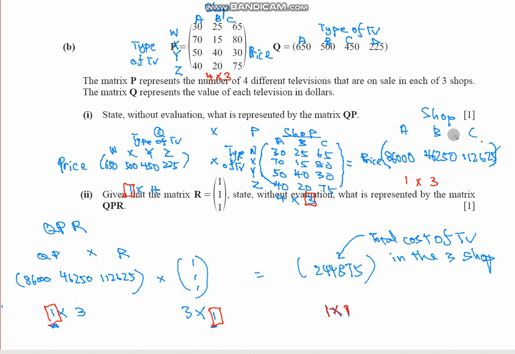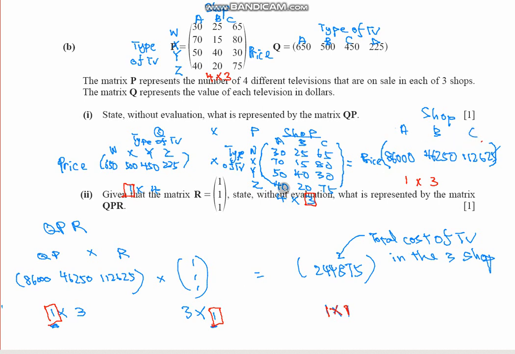So the resultant matrix will have the column title shop A, B, C, and the row title will be the price. Basically this is the total price of TV in shop A, total price of TV in shop B, and shop C.